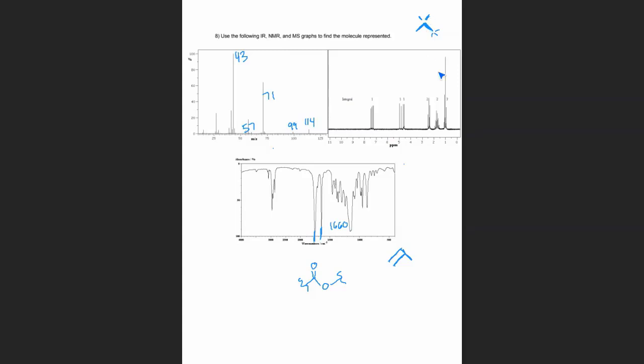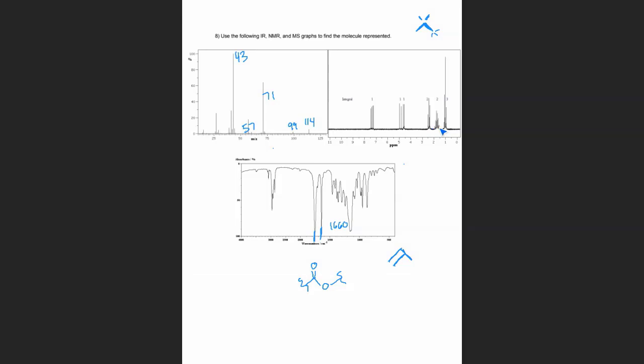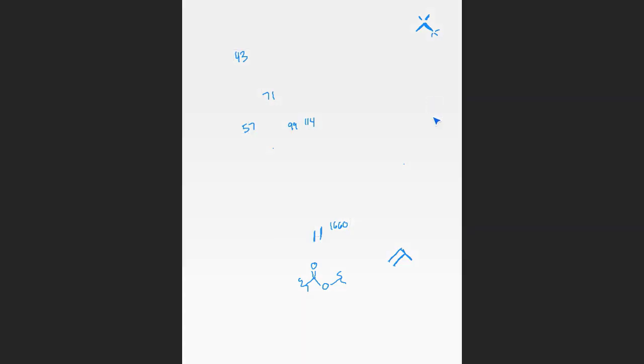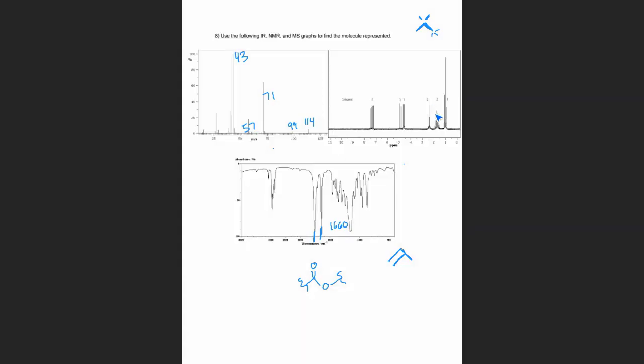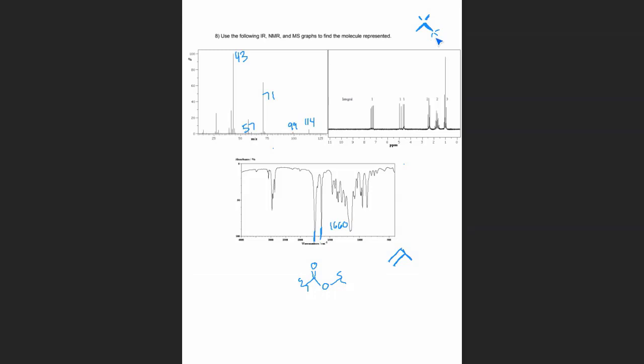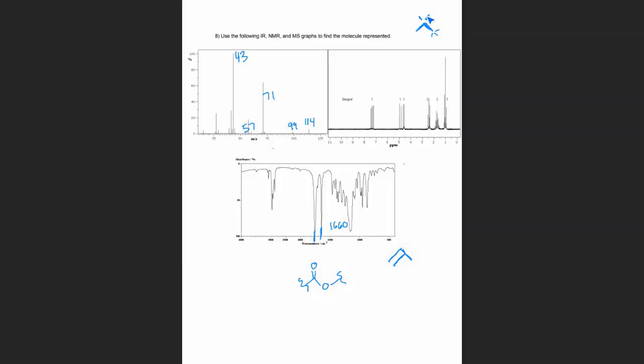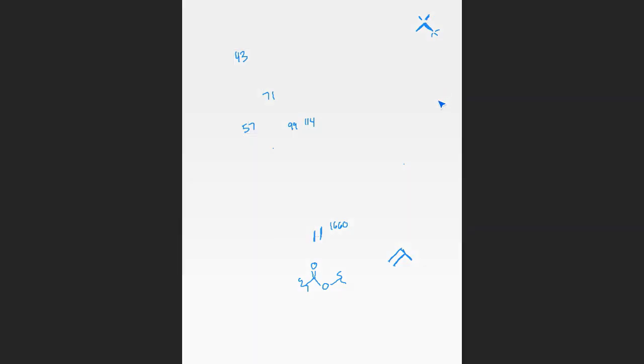Now we introduce these 2 hydrogens. This is a 2 hydrogen multiplet, and then the one on the left is a 2 hydrogen triplet. This has to be at least a quartet because we have 3 hydrogens already, and so we could say that these 2 hydrogens are the one over here.